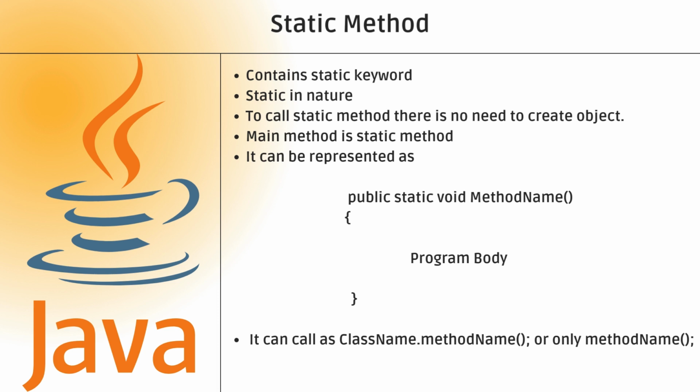Method name is the name of your static method. It could be anything. With reference to the method name, JVM will understand and execute your program body. So that's about the static method. If you want to execute the static method, then you can simply use the class name dot method name, or you can just use the method name to execute your program body.